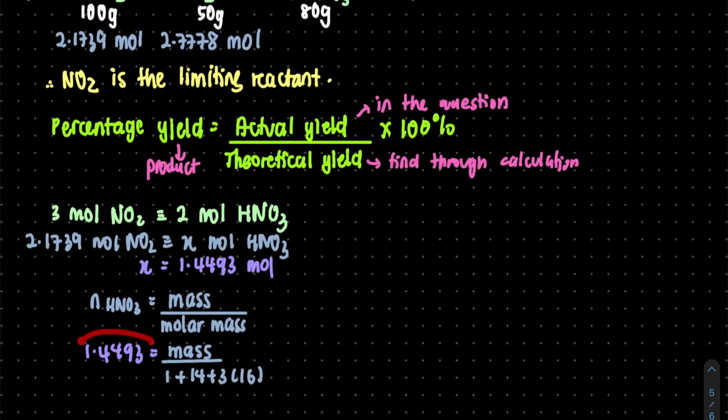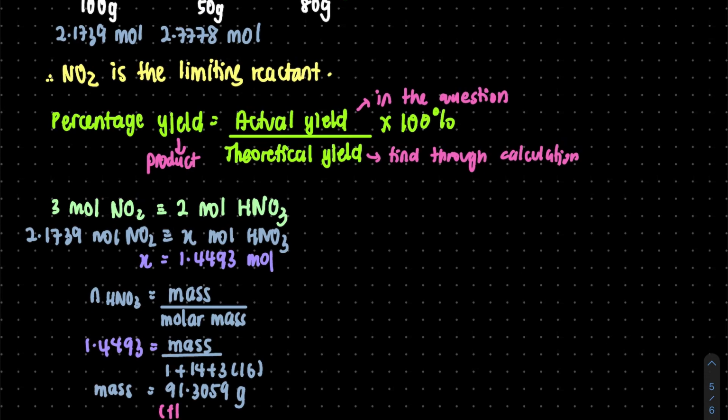The number of mole is 1.4493. The molar mass of HNO3: hydrogen is 1, nitrogen is 14, and oxygen is 16. Our mass of HNO3 is 91.3059 gram.